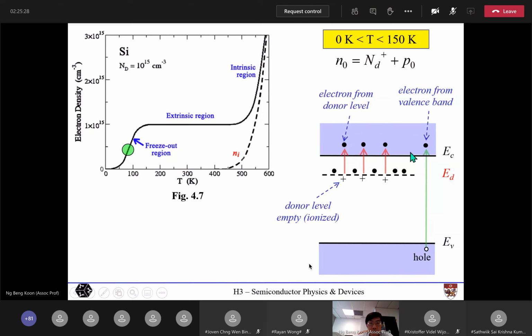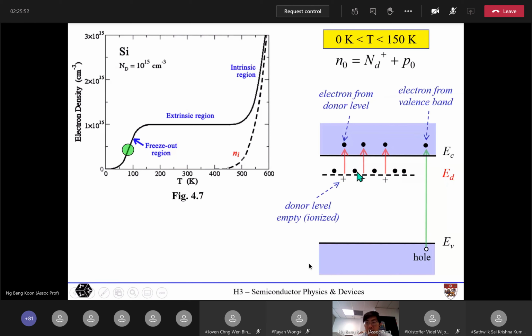All right, so you start to have electrons being present in the conduction band, and here we can write down a charge neutrality equation again. Except that this is a partially ionized case, so we write N0 equals ND plus, to only specify the ionized ones. The ionized ones contribute to electrons.